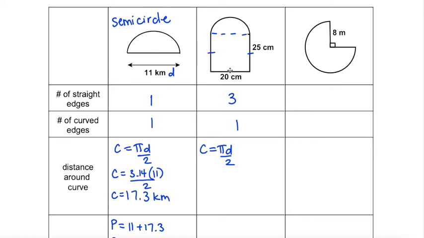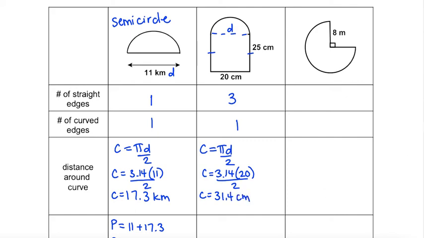This 20 centimeters is the same as my diameter. So I'm doing 3.14 times 20 divided by 2. So go ahead and plug that in. 3.14 times 20 divided by 2 gives me 31.4, and my units are centimeters.